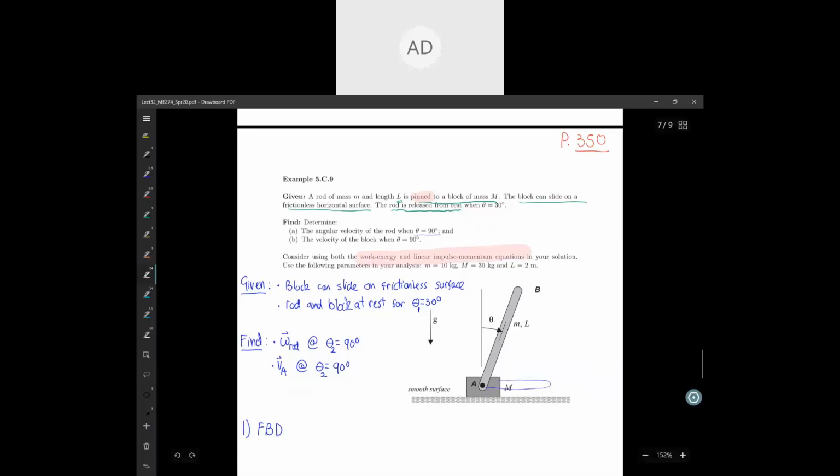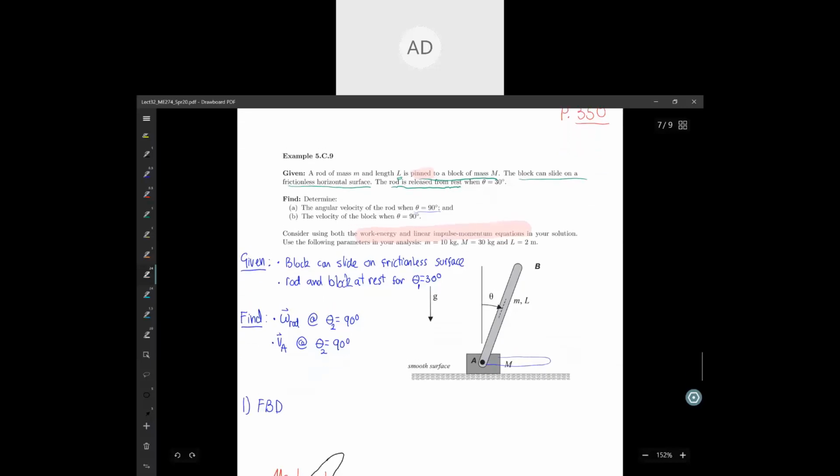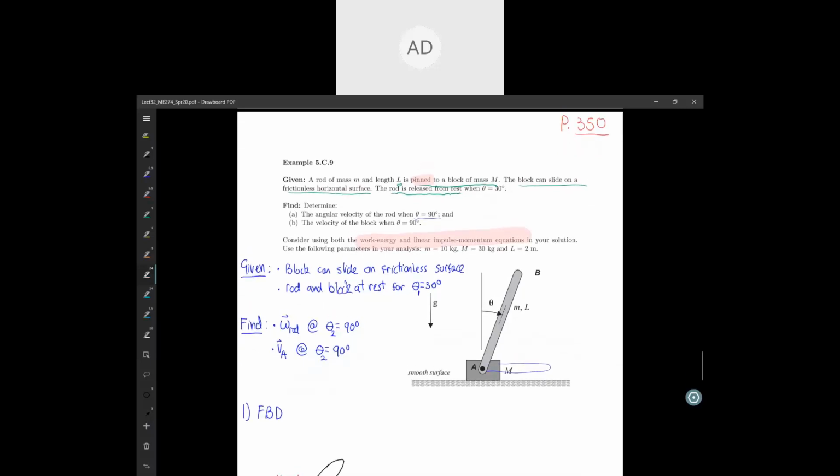So let me tell you why. And this is the important part of this tutorial. The reason why this is important is the following. Do you guys see any similarities between this block and rod combination and the problem that we did of bar and disc combinations? Is there anything that is similar?